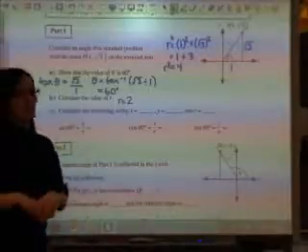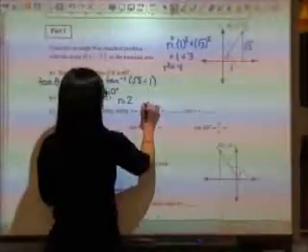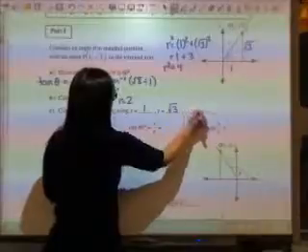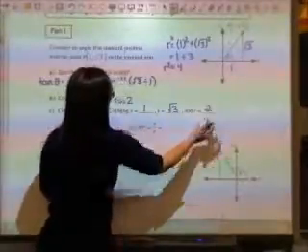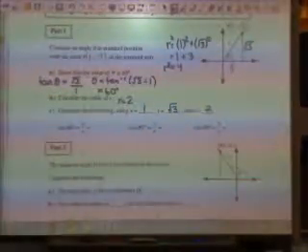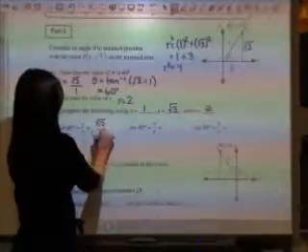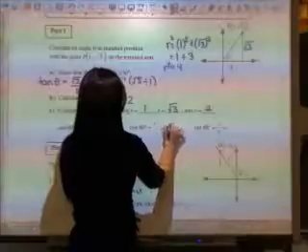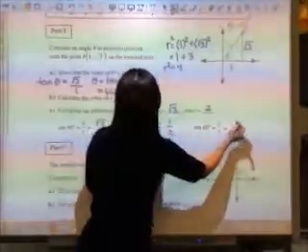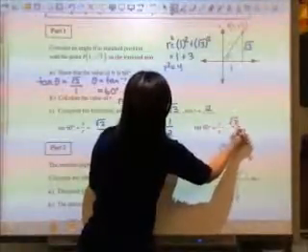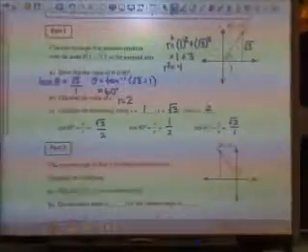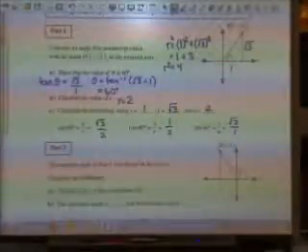So it says complete the following using that x is equal to 1, y is equal to root 3, and r is equal to 2. So y over r would be root 3 over 2, x over r is 1/2, and y over x is root 3 over 1. So that's in the first quadrant.